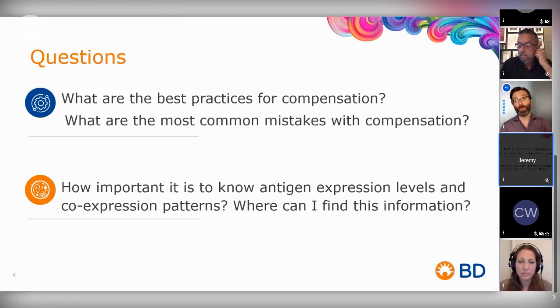Now, this is probably the biggest mistake that anyone can make in compensation, because tweaking compensation, as the word itself tends to allude to, is manipulating data, right? You're basically using all of these controls so that you have compensation properly calculated, and then you go by hand and change things. So this is extremely negative for the quality of data that's produced.